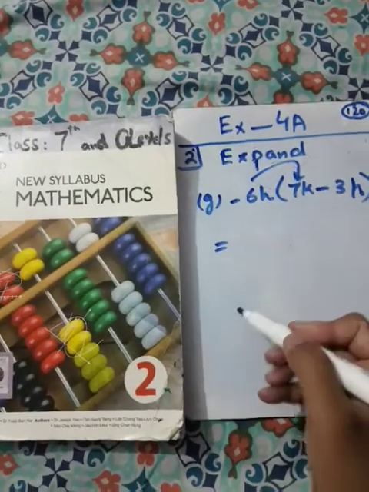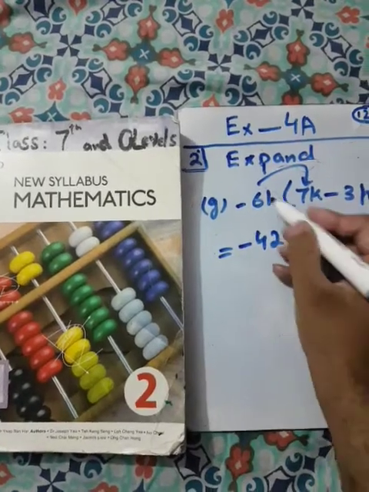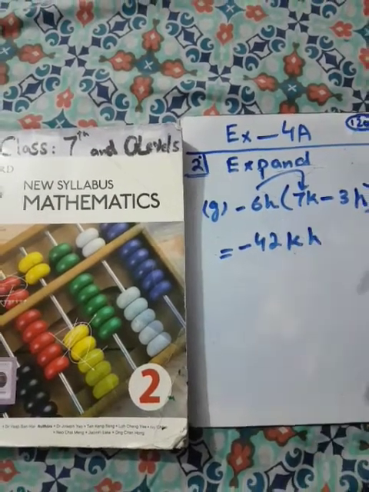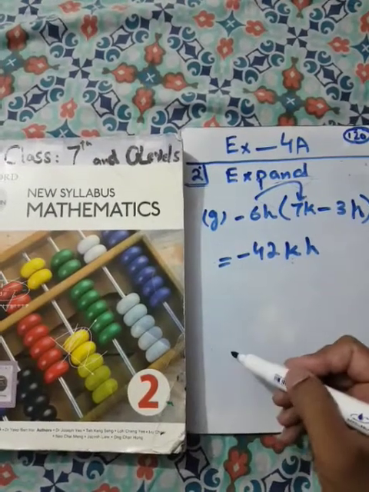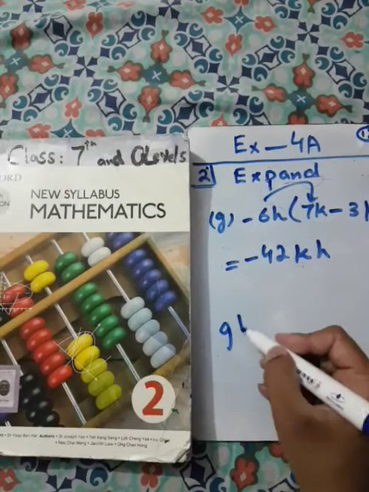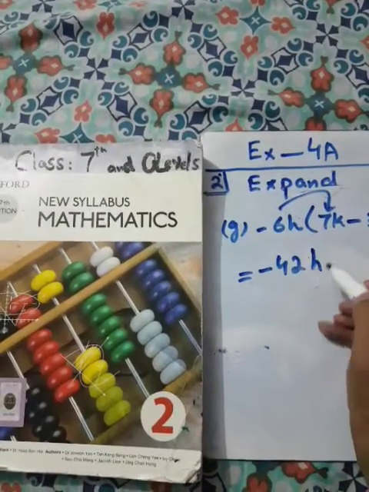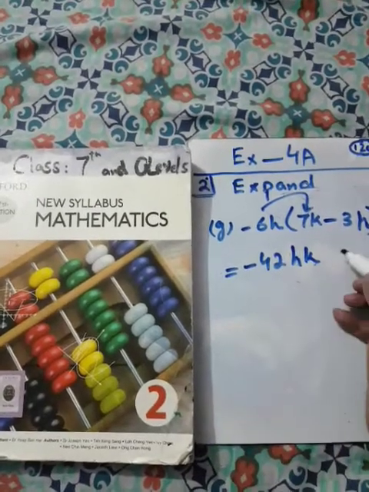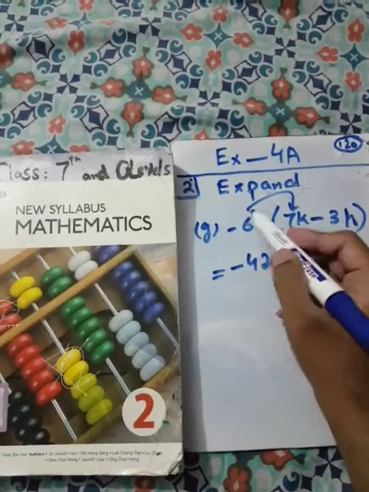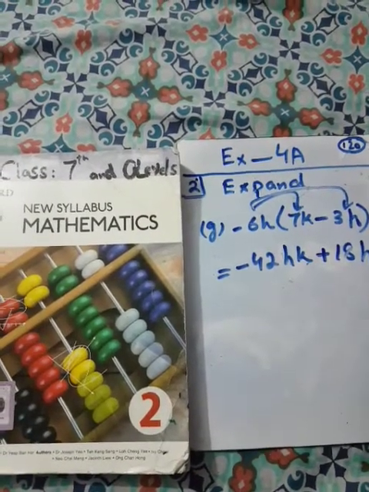6 will be multiplied with 7 and you shall get 42, and k and h, k from 7 and h from 6. Since in the alphabet order, h comes first, so 42hk. Because of the minus sign outside, the signs inside the bracket will be changed. 6 times 3 will be 18, h times h will be h square.